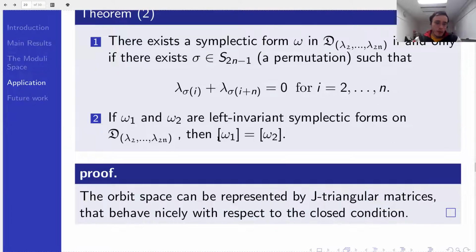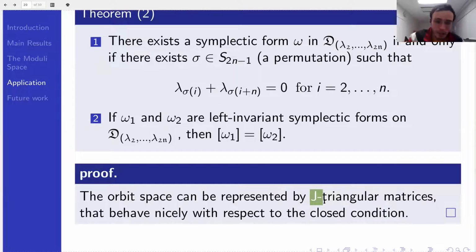I will not write the proof, but the idea is the same. In this case, the orbit space and the set of representatives is not finite, but it can be described by J triangular matrices. If you imagine a matrix that has 4 blocks, a block matrix, and each block is lower triangular or upper triangular, that is why it is a J triangular matrix.